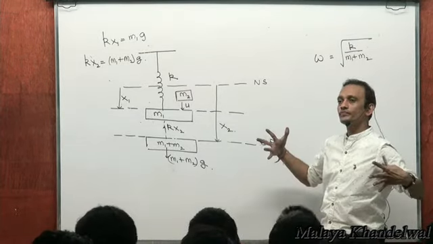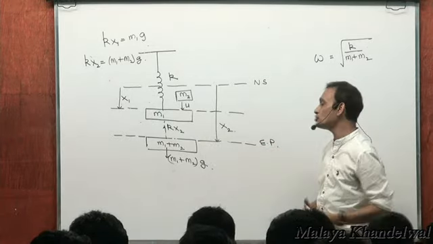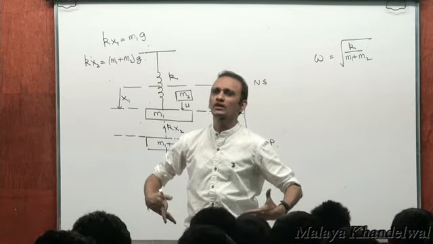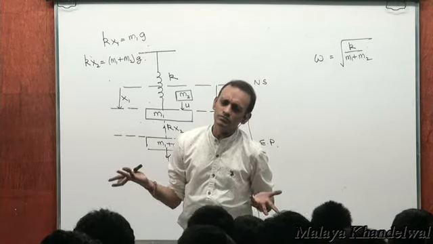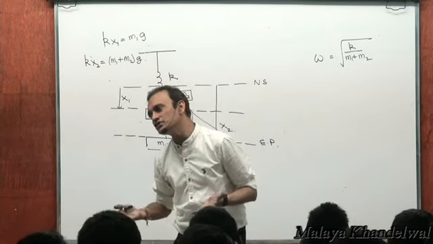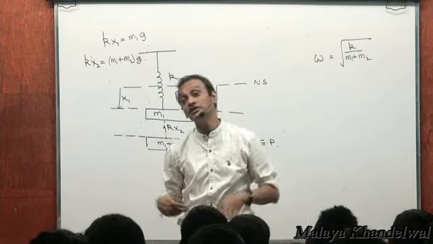I want to find the total energy of this oscillator. Do you realize the total energy of oscillation is the kinetic energy at the mean position? Isn't it? Total energy of oscillation would be kinetic energy at the mean position, or potential energy at the extreme positions.